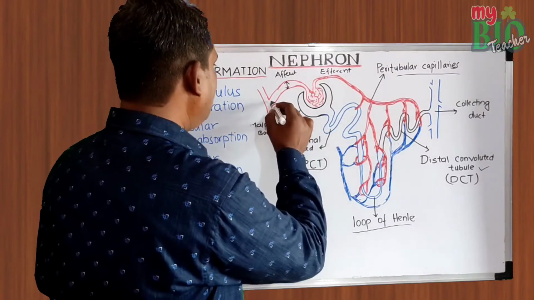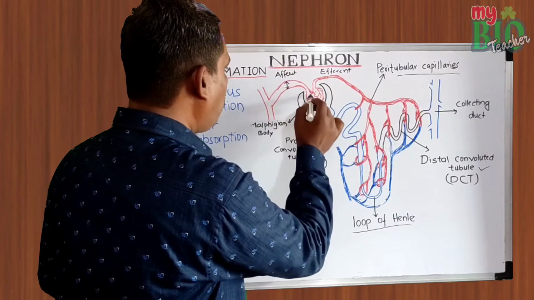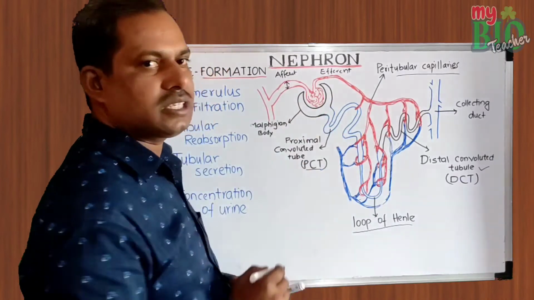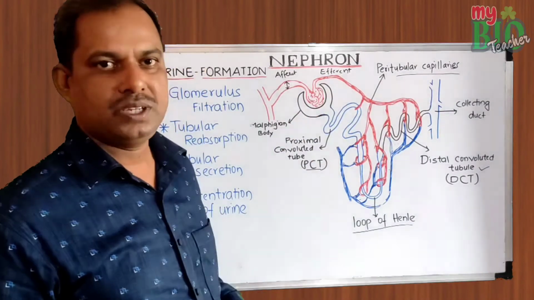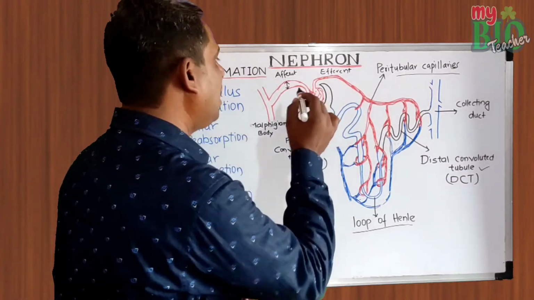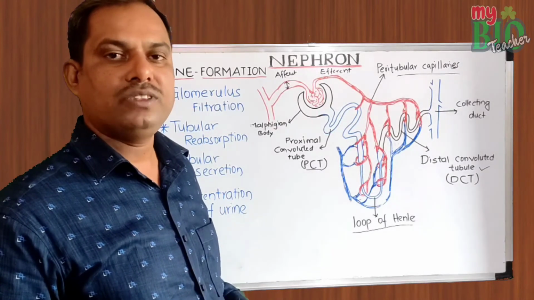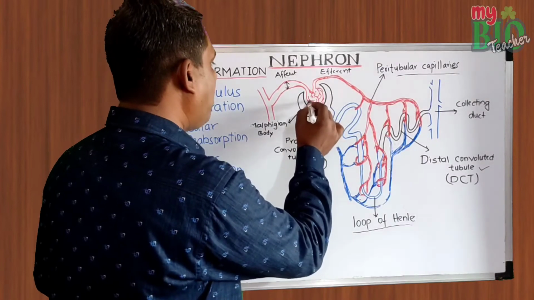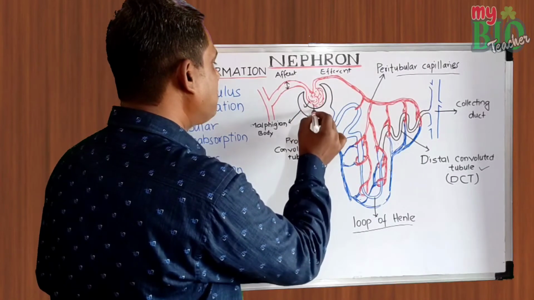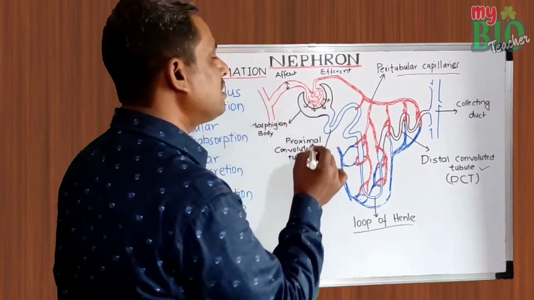So when the blood flows through the afferent arteriole into the glomerulus, a pressure is generated in the Bowman's capsule. Because of this pressure, the liquid present in the blood comes out and is collected in the Bowman's capsule.